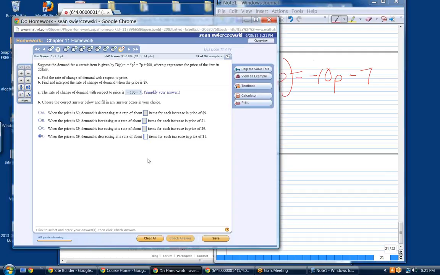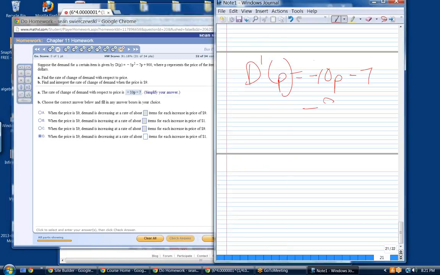Yes. Well, now hold it. B is find and interpret the rate of change of demand when the price is $9. So what that means is the rate of change is minus $97 per dollar change.